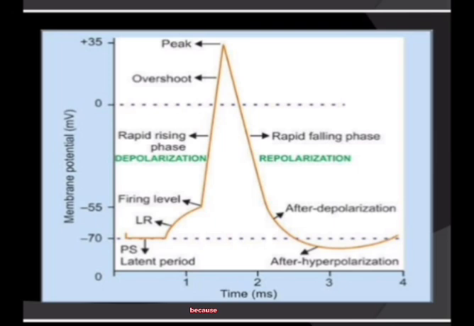Because initially, during resting membrane potential, the interior of the cell is what? Negatively charged. And exterior is what? But as soon as depolarization starts, the interior of the cell becomes positively charged while the exterior becomes negatively charged.